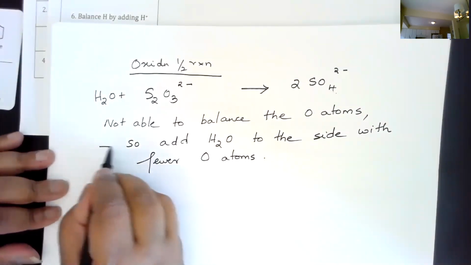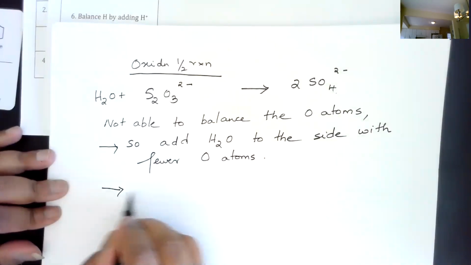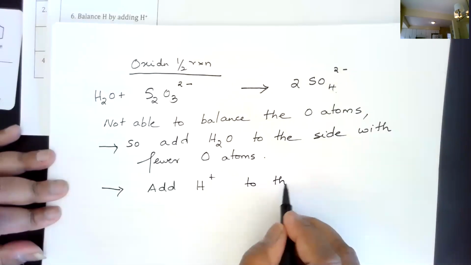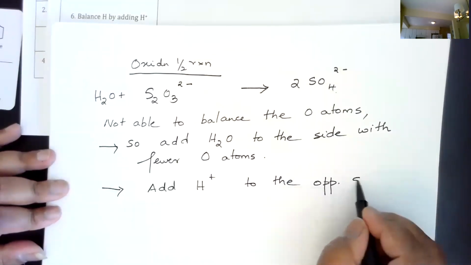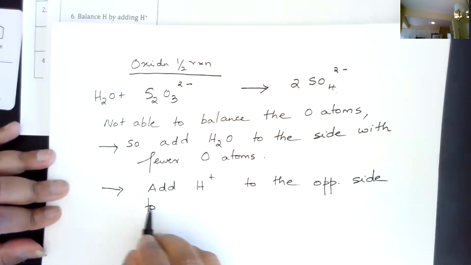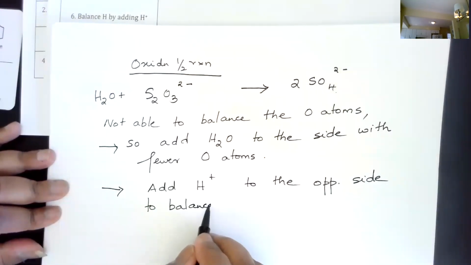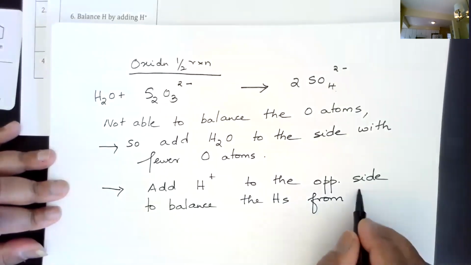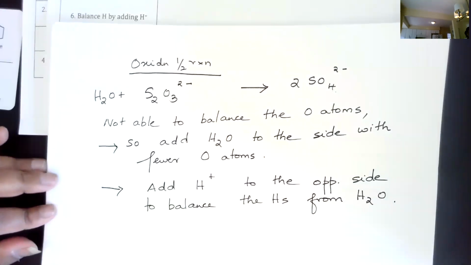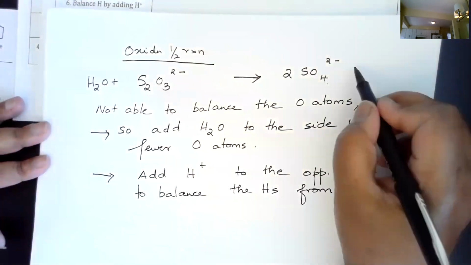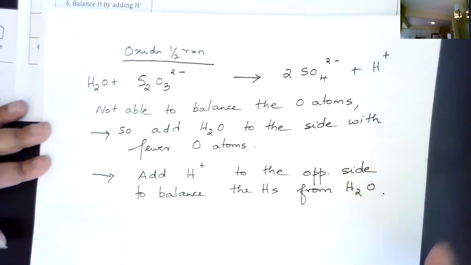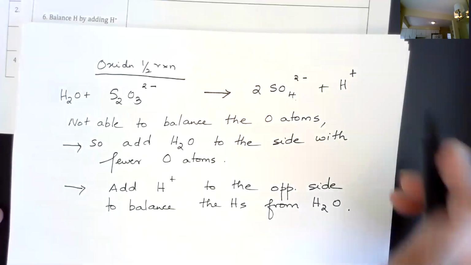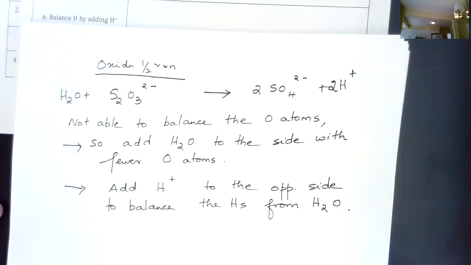Next, add hydrogen, H plus, to the opposite side to balance the H's from water. Looks like a tedious process, but once you get the hang of it. So I'm going to add H plus. This is going to be an acidic solution, that's why the H plus. So this is 2.